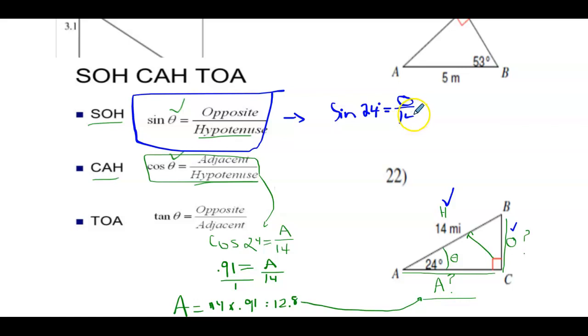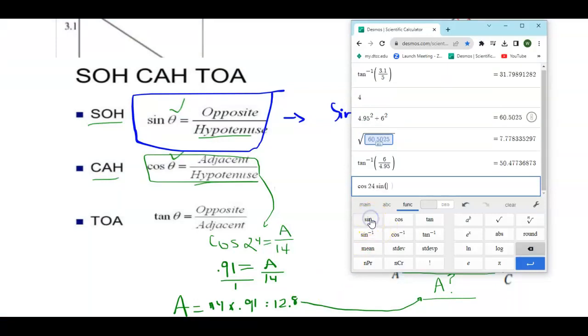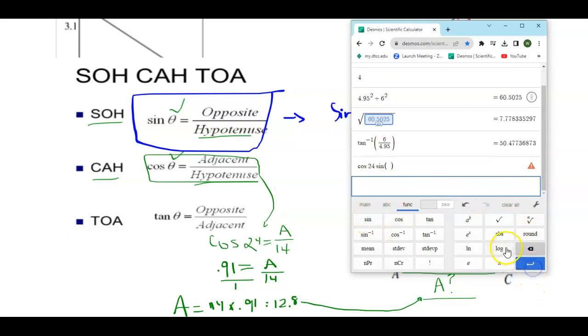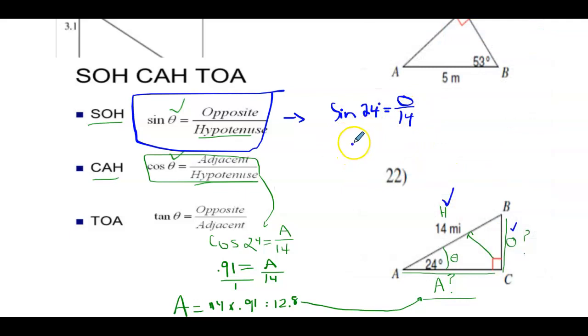And again, we're going to do the same thing we did last time. If you don't like sine of 24, you can just put it in the calculator. Sine of 24 is 0.41, we'll just say. So 0.41 equals O over 14.